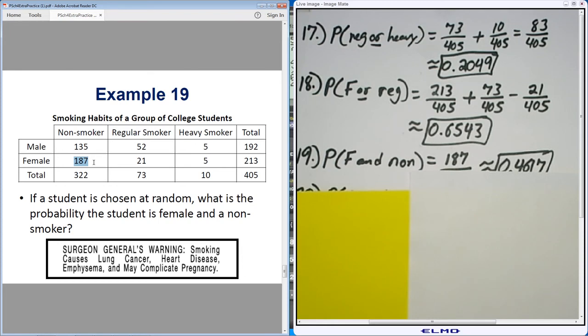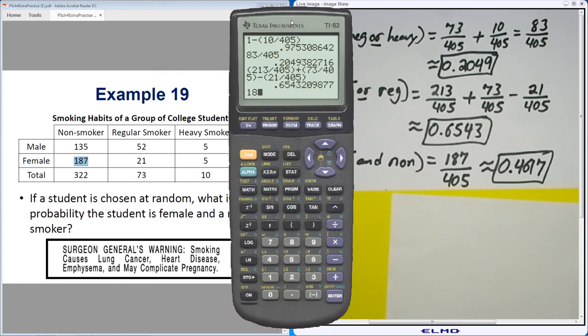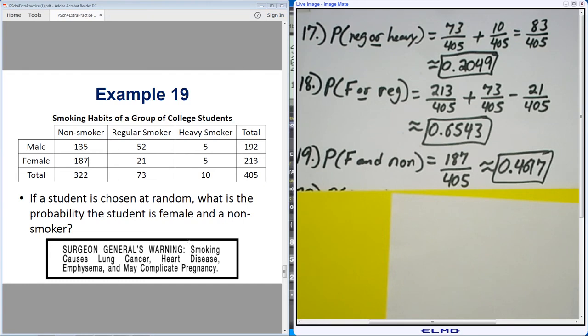The denominator that goes on the bottom is your overall total, 405. So 187 divided by 405, and I get the answer, 0.4617. And you're done with the problem. So if you see the word "and" with a table, you do not multiply. Instead, use the table to find what you're looking for and put it over the overall total.